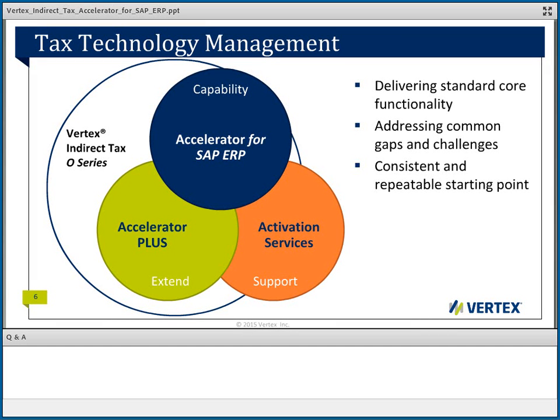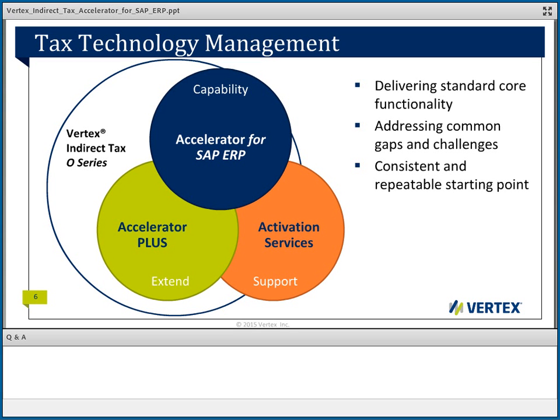Because the three components, if we look at this end-to-end capability, we have the core capability around the accelerator, delivering a standard core functionality. We have the availability of what we call the Accelerator Plus, or the LCR-Dixon tools, and I'll go into those in a few minutes, that extend that tax technology.